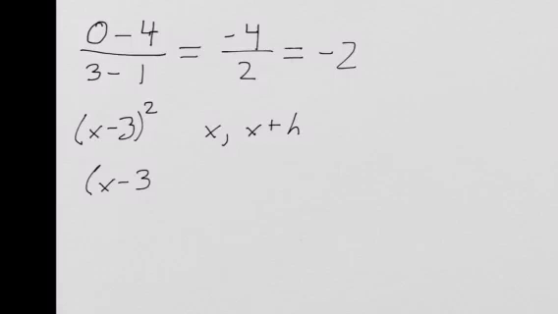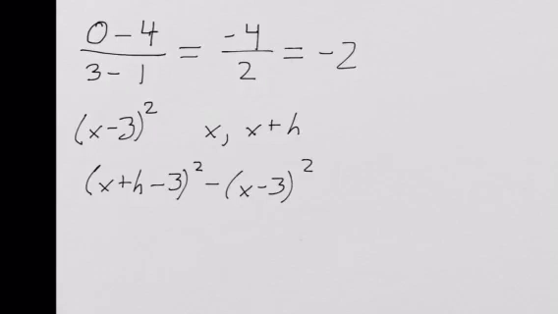x minus 3 squared. Except I don't want to do it that way. So we're going to let x plus h be my b. So x plus h minus 3 squared minus x minus 3 squared over x plus h minus x.